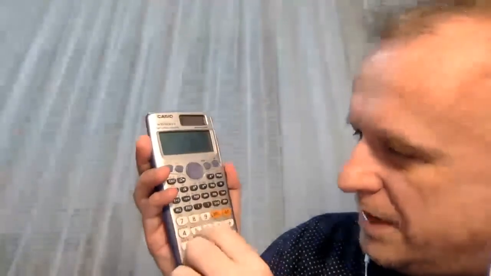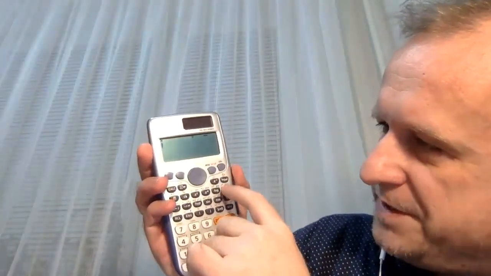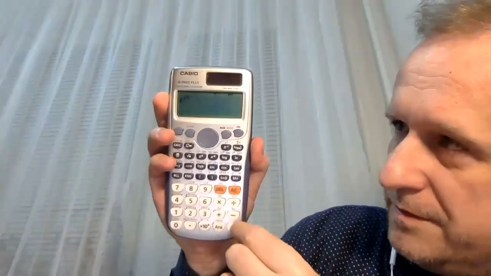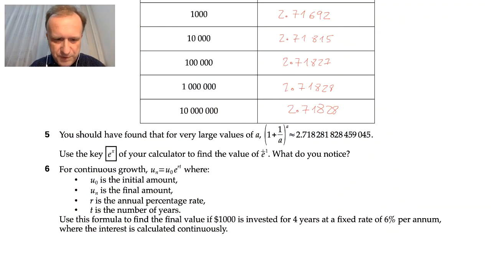So I take shift, this button here, write 1 and equals, and what I get is this answer: 2.718281828. So this is exactly the value of e, and there is the correspondence between this result and the value of e in the calculator.